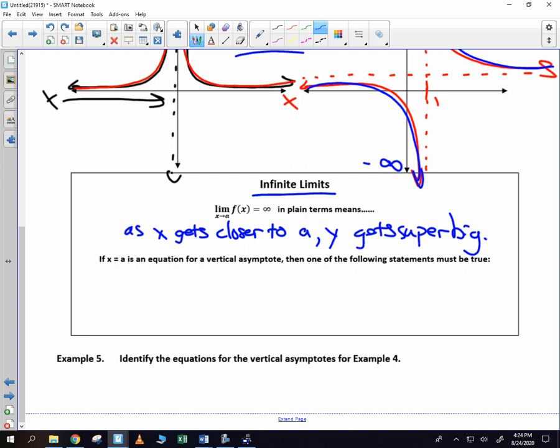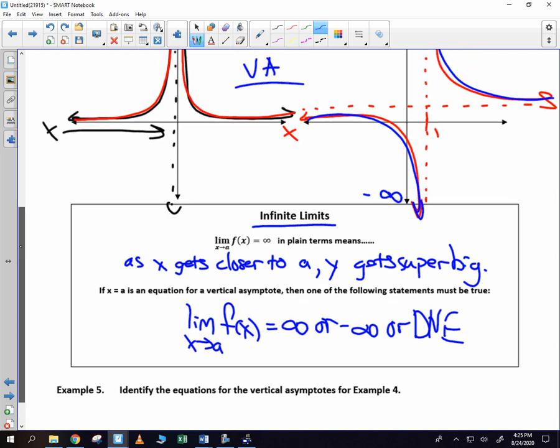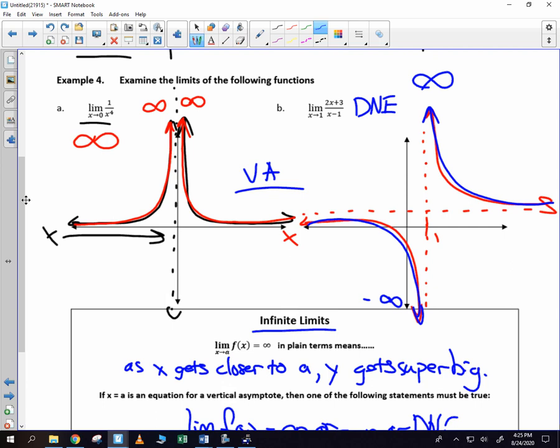If x equals a is an equation for a vertical asymptote, then we have the limit as x approaches a of f of x is either equal to infinity or negative infinity, or it does not exist. Okay? If there's a vertical asymptote, then one of the two are true. So if you have a limit that involves infinity, you should be able to identify the vertical asymptote.